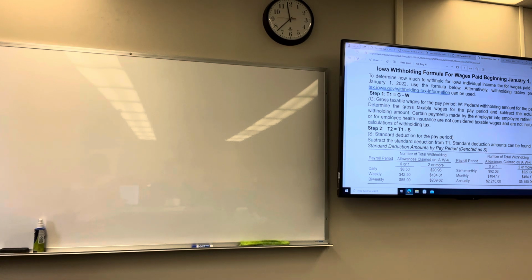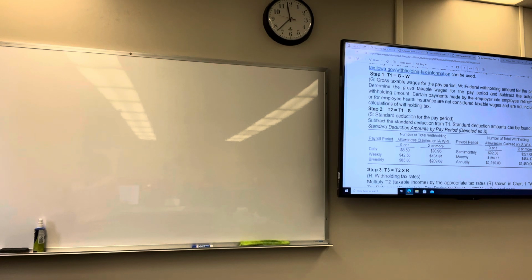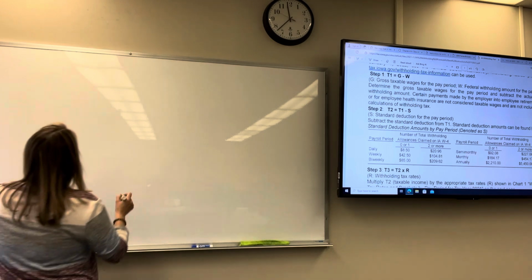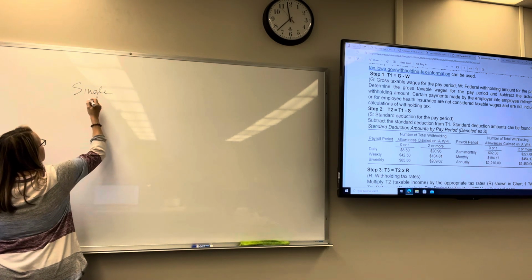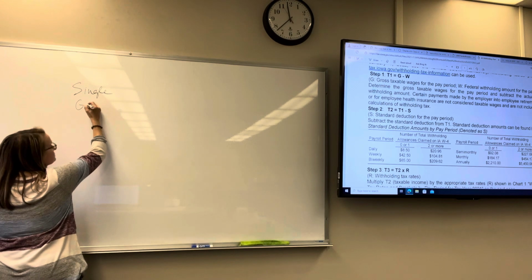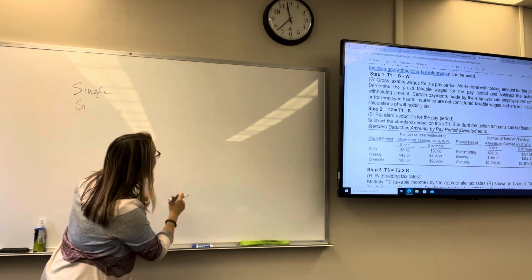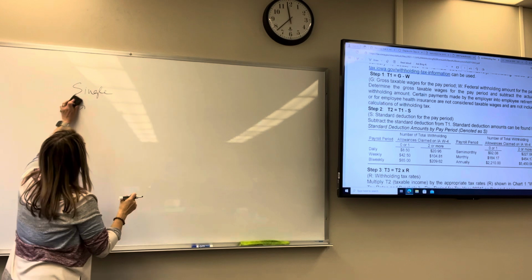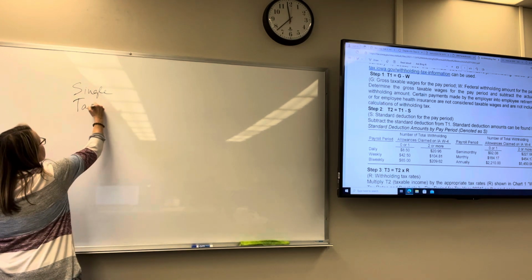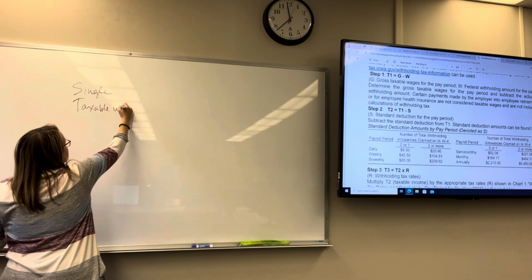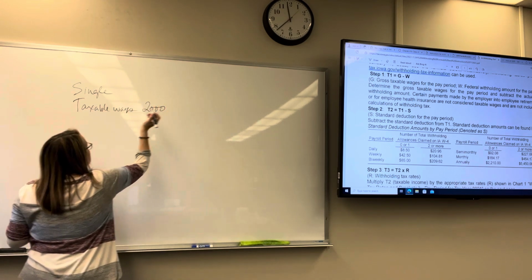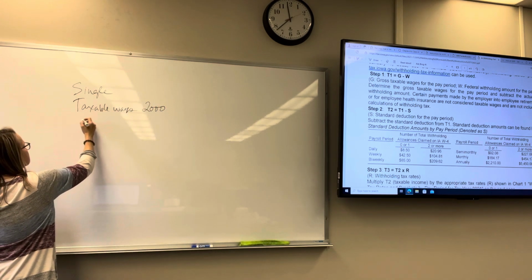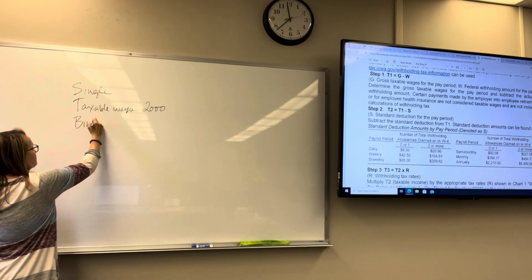So, for example, let's say we've got somebody who is single, and their gross taxable wages are $2,000, and let's see, they're paid bi-weekly.